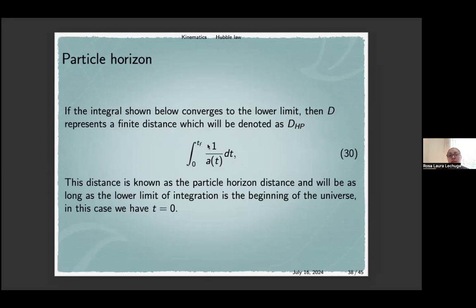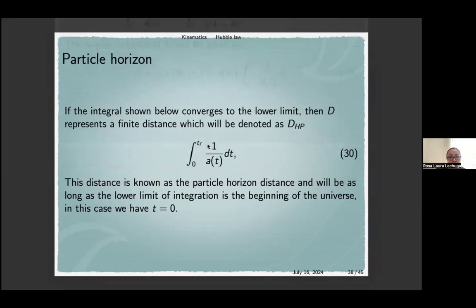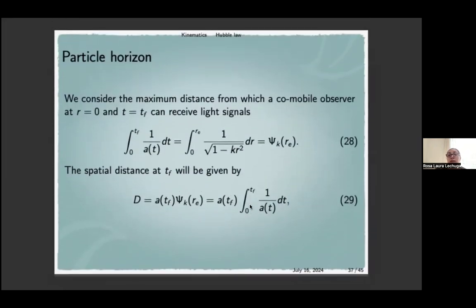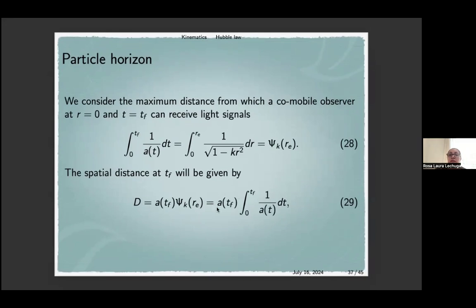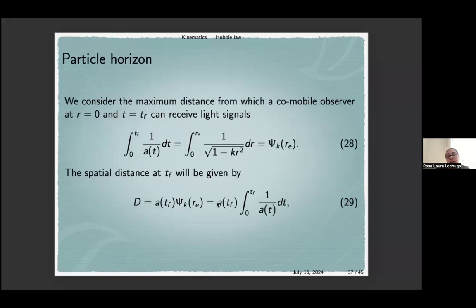light crosses from one observer to the other, but it's not just the particle horizon. For now, it's a distance, and when you add this term, now you get a physical distance. Why? Because you need a component to specify how the universe is changing. And now you have the notion of distance, but with this factor.